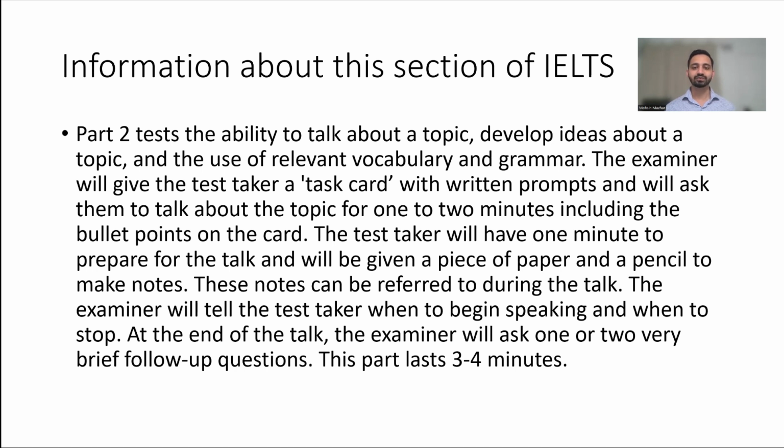The test taker will have 1 minute to prepare for the talk and will be given a piece of paper and a pencil to make notes. These notes can be referred to during the talk. The examiner will tell the test taker when to begin speaking and when to stop. At the end of the talk, the examiner will ask 1 or 2 very brief follow-up questions. This part lasts 3 to 4 minutes.